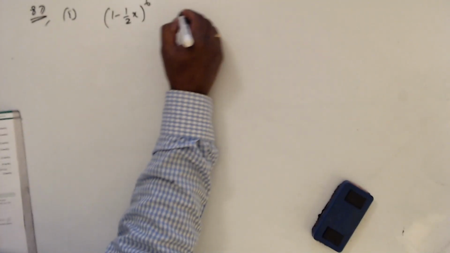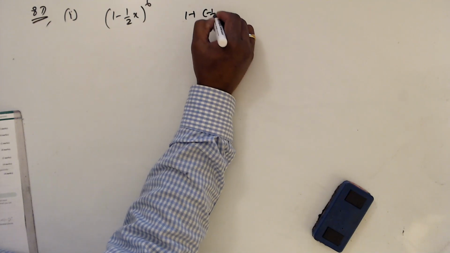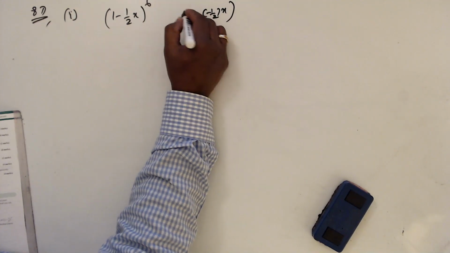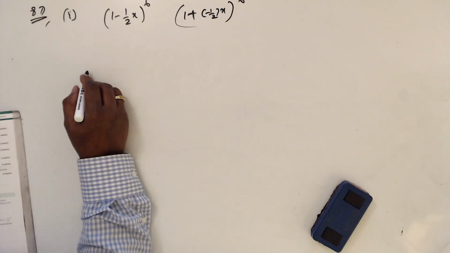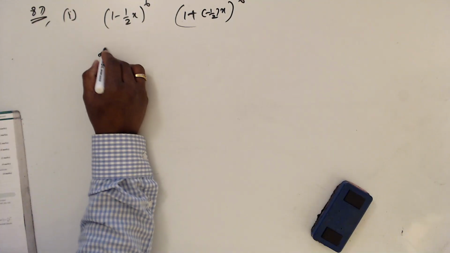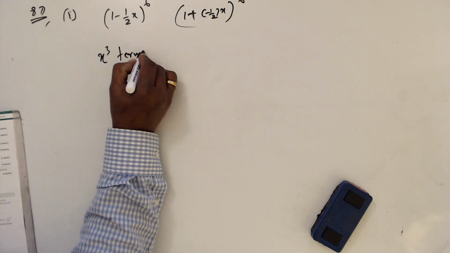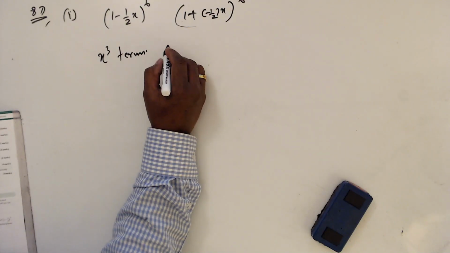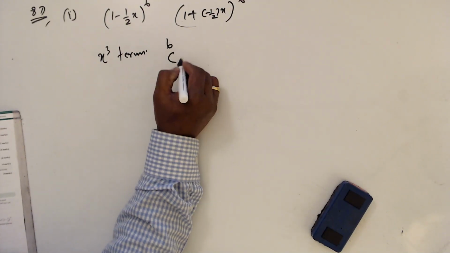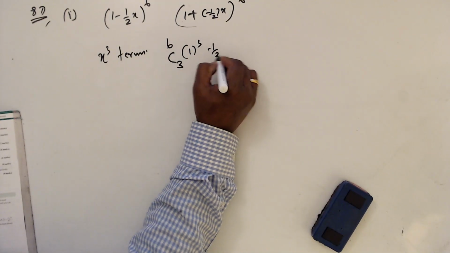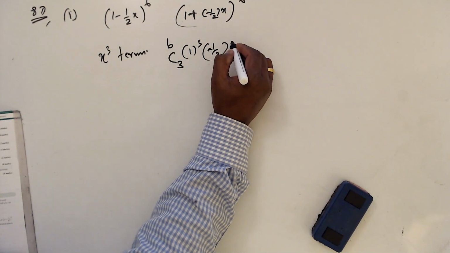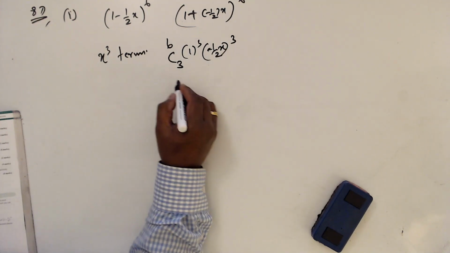So this is going to be 1 plus minus half x to the 6. So the x cubed term is 6c3, 1 cubed, minus half of x cubed.